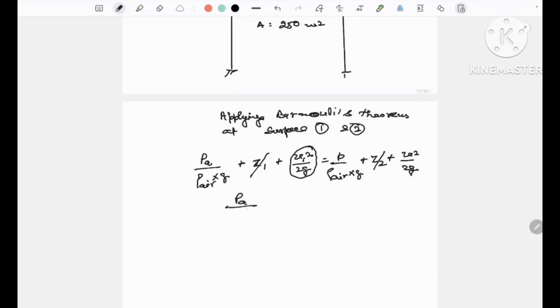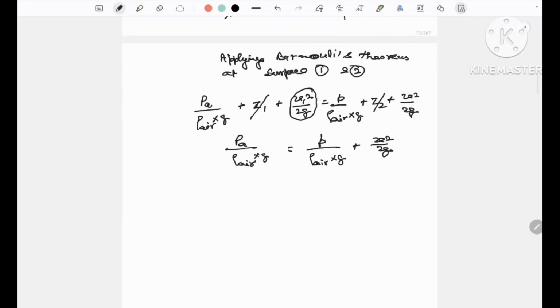PA upon rho air into Z will be equal to P upon rho air into Z plus V square by 2Z. PA is equal to P plus half rho air into V square, or PA minus P is half rho air into V square.